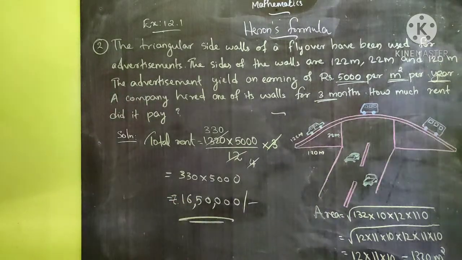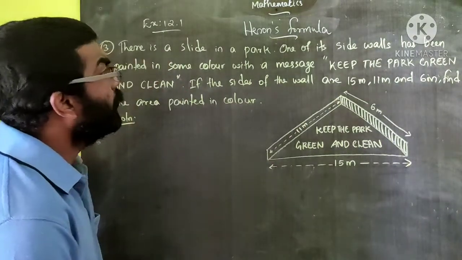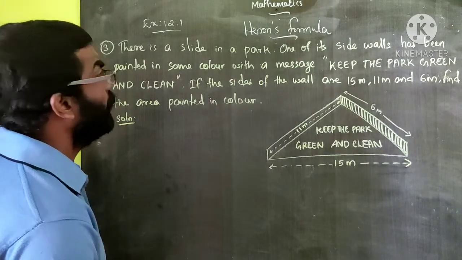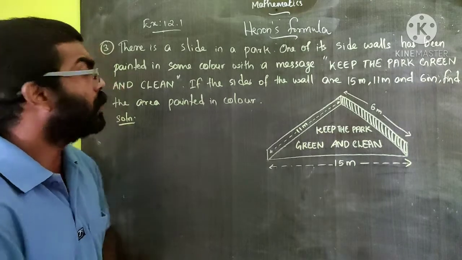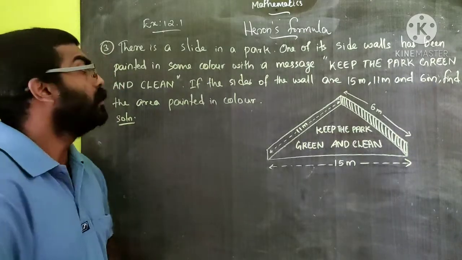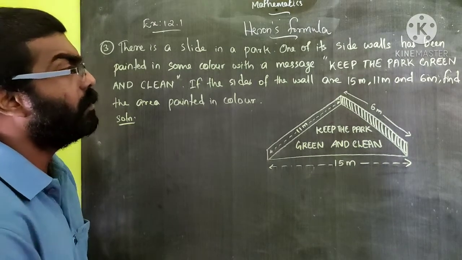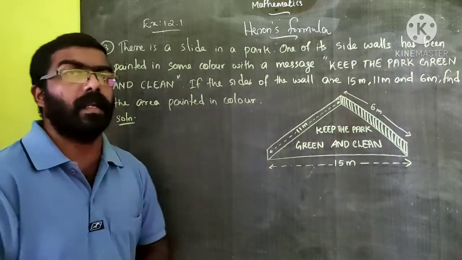Clear? Here the next question is, there is a slide in a park. One of its side walls has been painted in some color with a message, keep the park green and clean. If the sides of the wall are 15 meter, 11 meter and 6 meter, find the area painted in color.